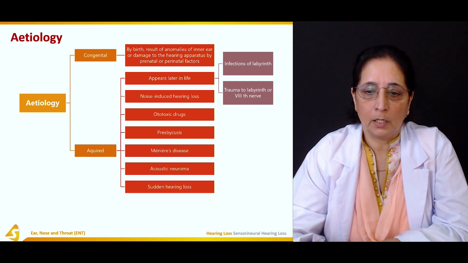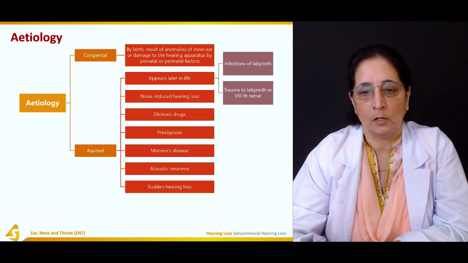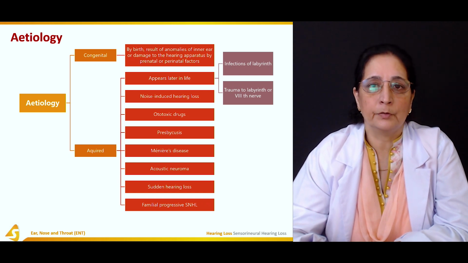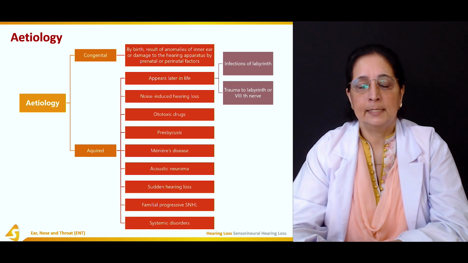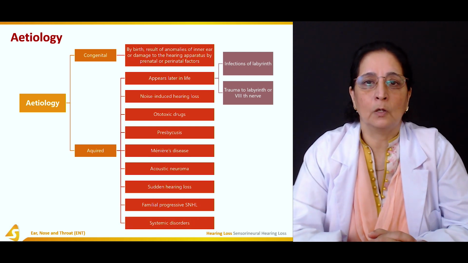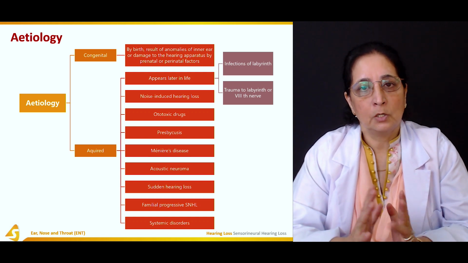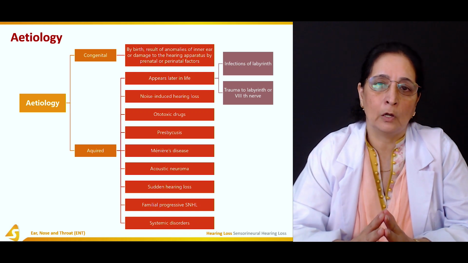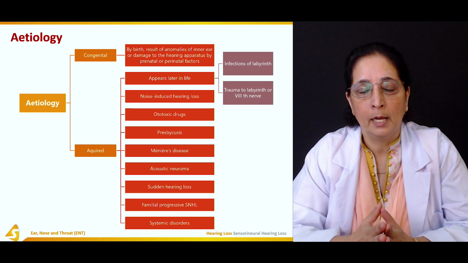Sudden hearing loss can lead to sensorineural hearing loss. And then familial progressive sensorineural hearing loss. Some systemic disorders also lead to sensorineural hearing loss. So all these are the causes of sensorineural hearing loss, which can be congenital or acquired.